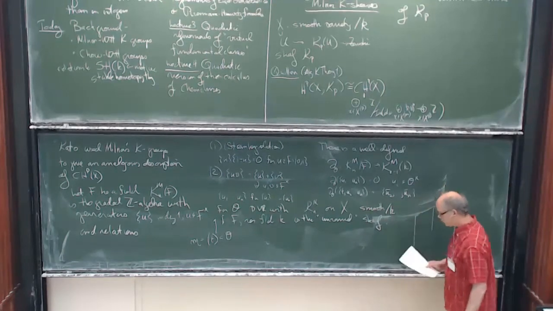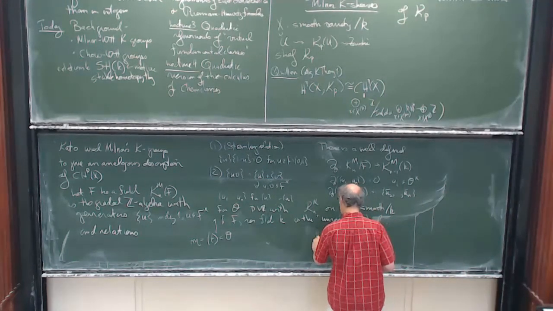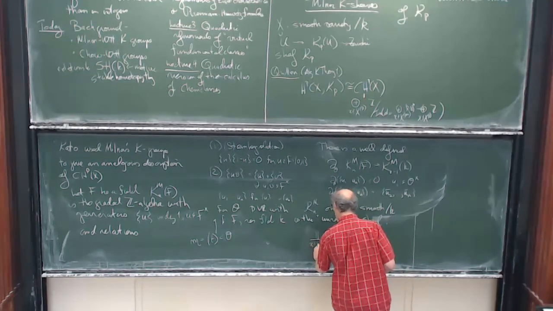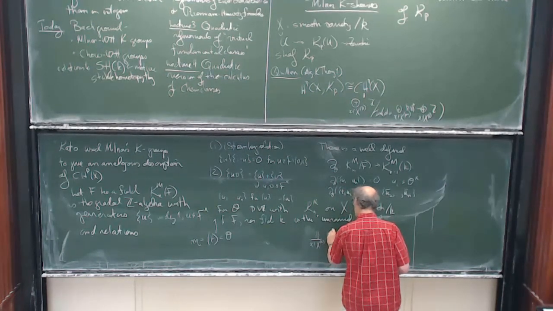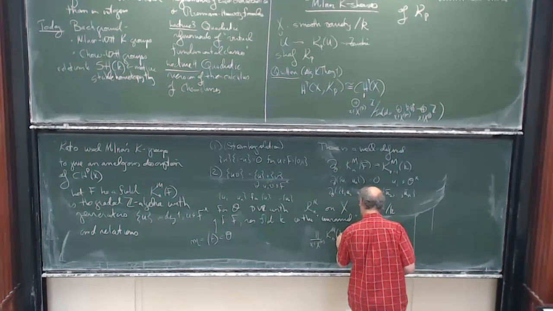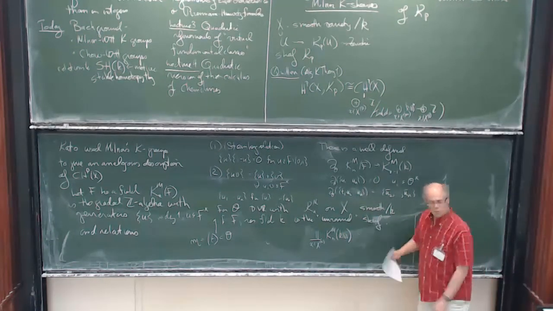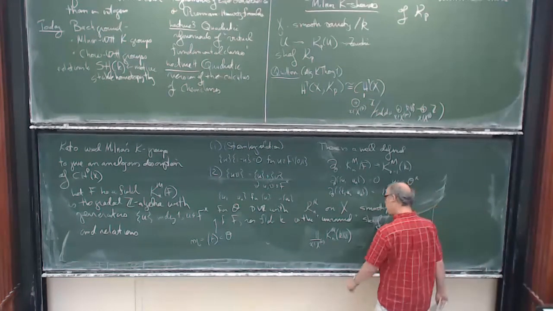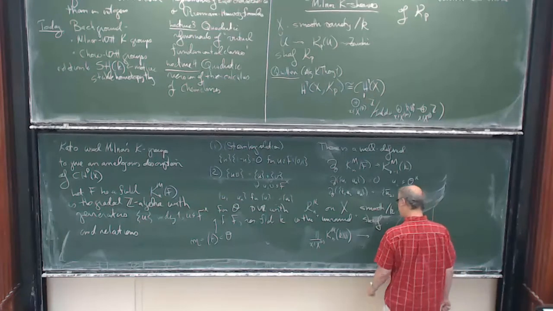In other words, you take the coproduct in the category of sheaves over all codimension 0 points of the Milnor K_n of the residue field. So if X is irreducible, this just means you take the Milnor K_n of the function field of X, and then you have a bunch of maps.